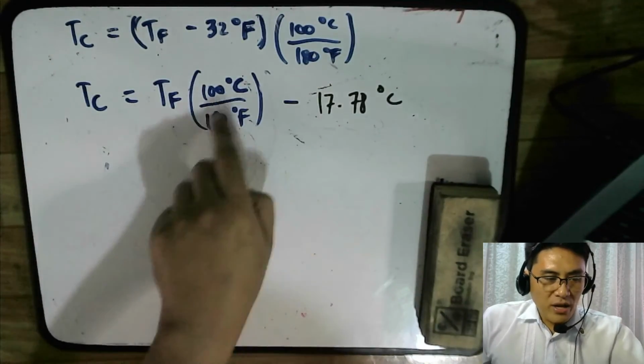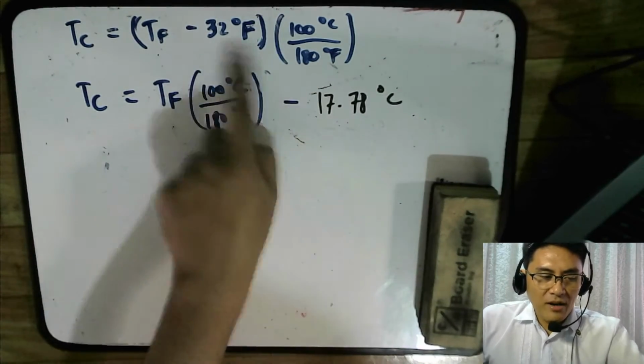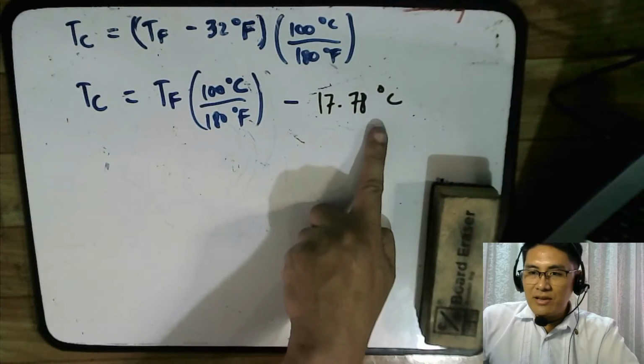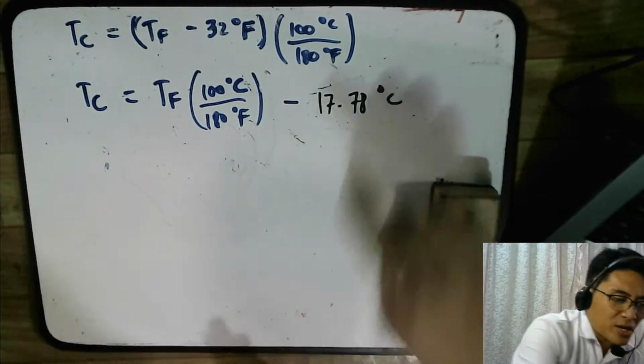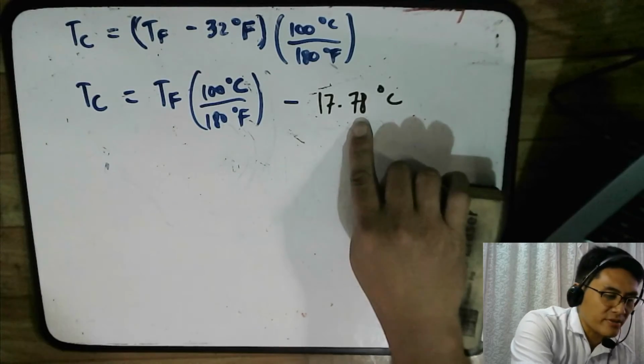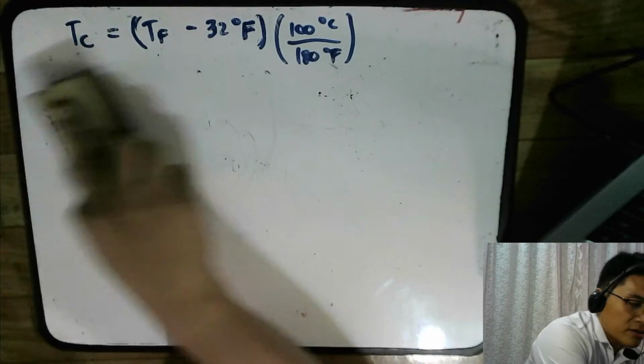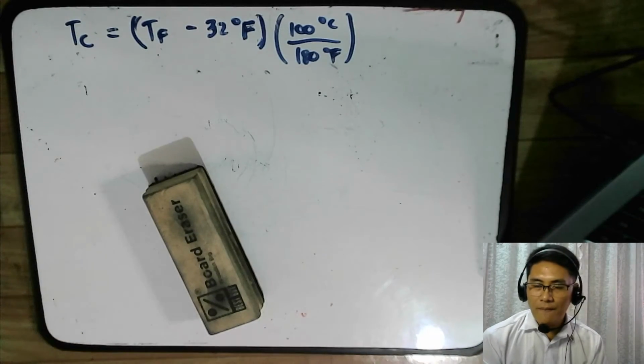So that's why when you do it like this, it's not 32 Fahrenheit, but it's 17.78 degrees Celsius. But again, because this is not exact, 17.77777777 like that, and the other is exact, books only remember that one.